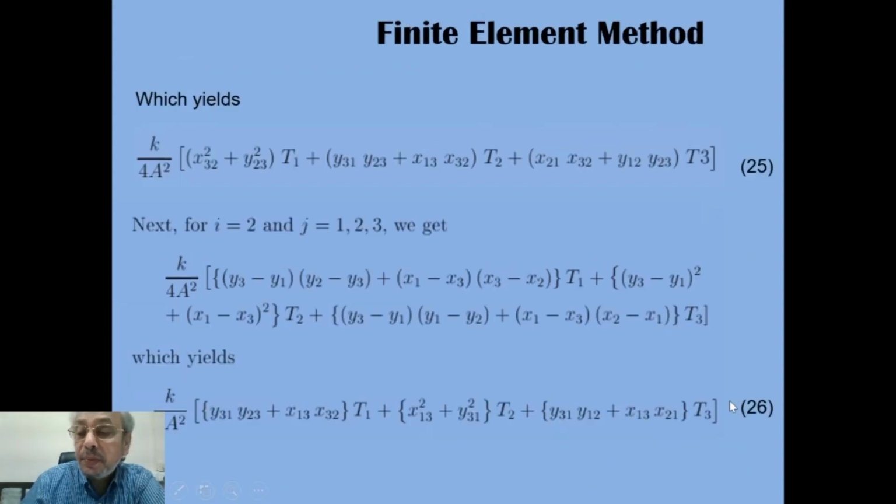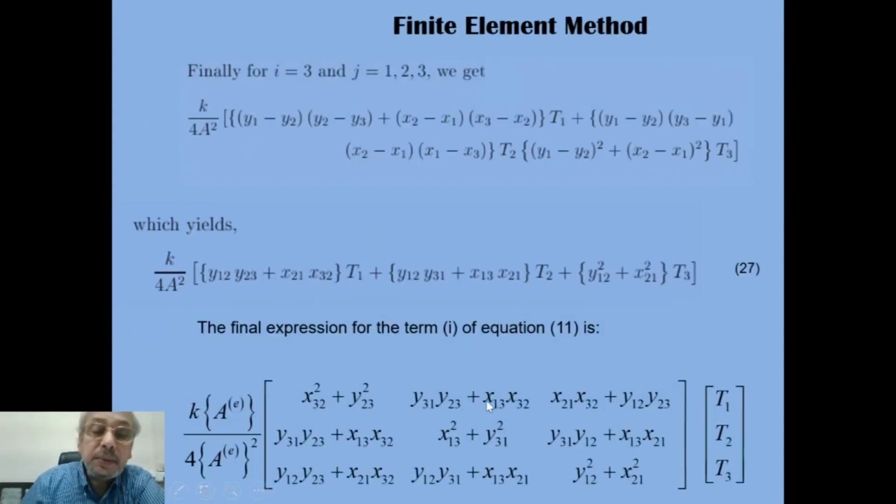So now if we reorganize 25, 26 and 27, we can write it in this way. K multiplied by the area of the triangle divided by 4, where the area of the triangle means the area of the triangular element, squared, and these are the different terms of the matrix, equivalent to A11, A12, A13, A21, A22, A23, A31, A32, A33.